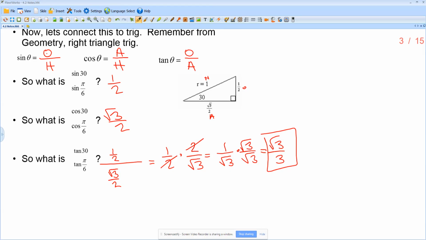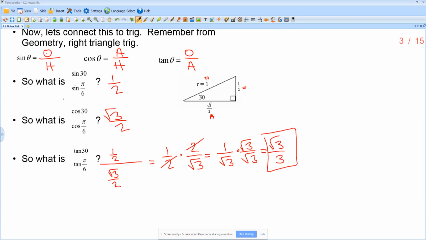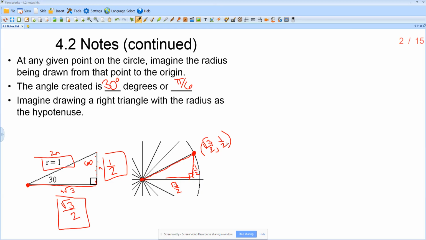We could notice sort of a parallel here. The sine of any angle is going to be equal to the y coordinate, or sorry, the y value of the point on the unit circle. So notice in sine we had gotten 1/2, which is also what we said was the y value on the unit circle.